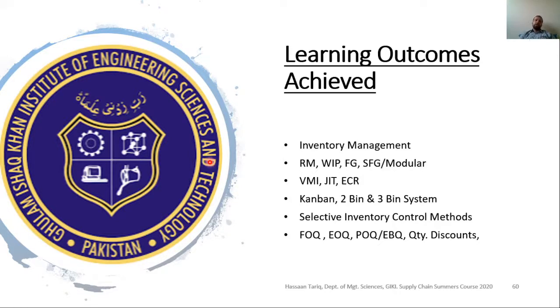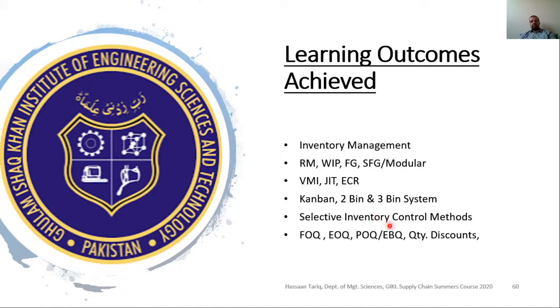So finally, I do hope that with this topic, we have discussed what inventory management is. We have discussed raw material, work in progress, finished goods, semi-finished goods, or modular assembly types, modular inventory types. Then we also discussed the inventory management systems like VMI, vendor managed inventory, just-in-time, and efficient consumer response. We also discussed things like Kanban card, push-pull production systems, and 2-bin and 3-bin inventory management systems.